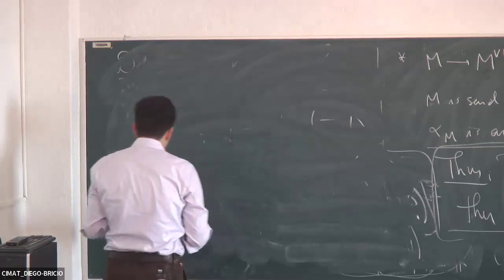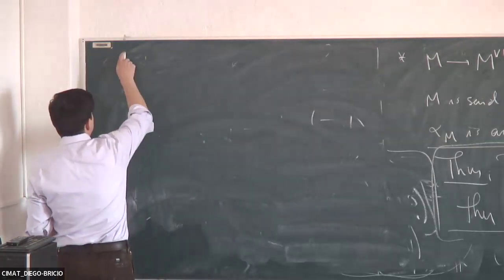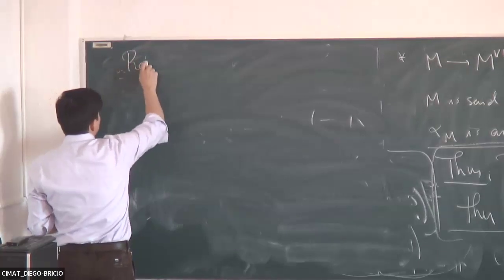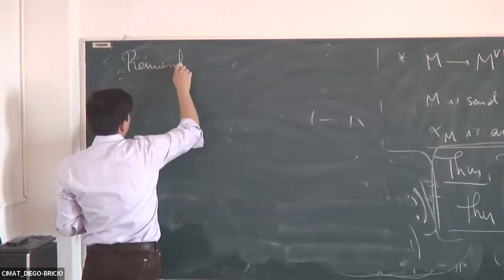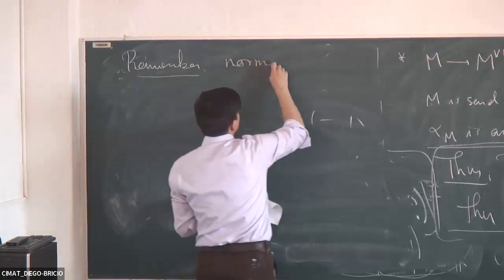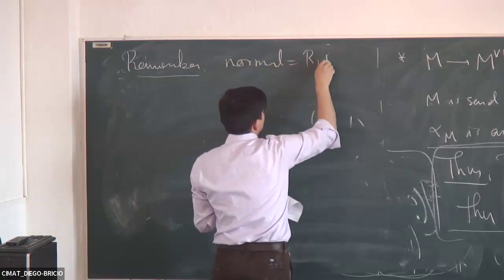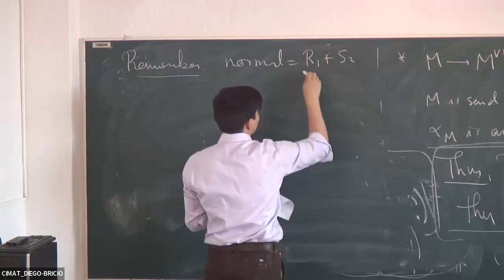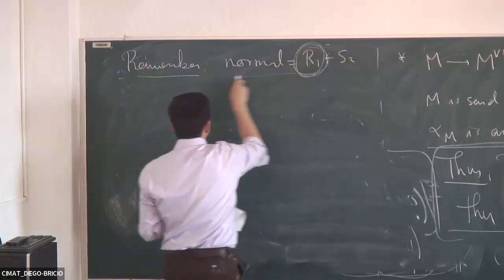Where is that? It's over here. Now, remember, normal equals R1 plus S2. Now we're going to use this property here.